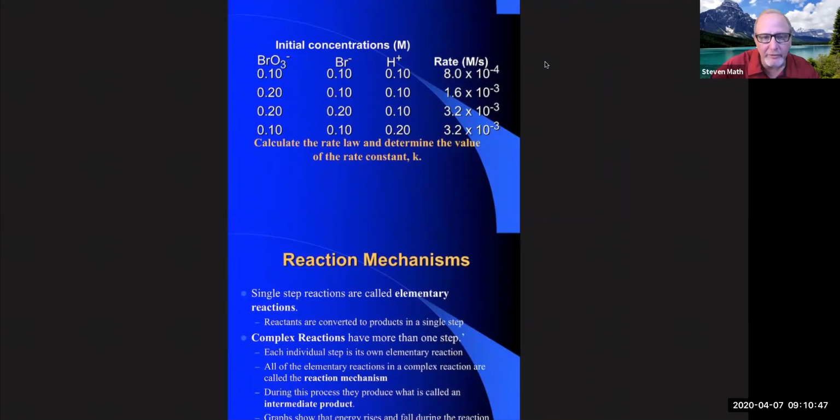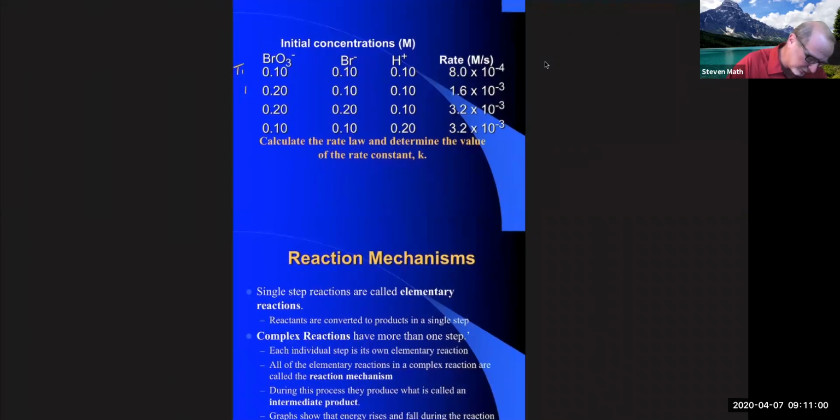So what we're looking for is 2 trials. Remember, these are just trials. This was trial 1, trial 2, trial 3, trial 4. We had 4 trials. So what I want is to compare for BrO3. I want to compare trials 1 and 2. How come? Because Br minus and H plus both were held constant.